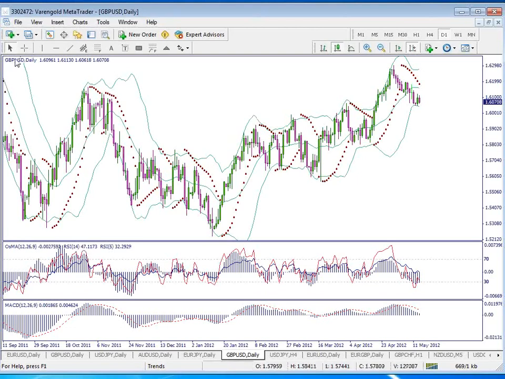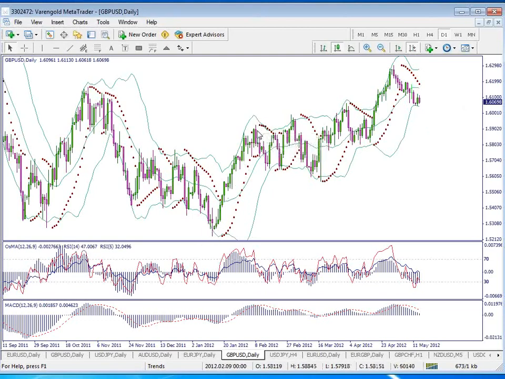So let's have this example on pound dollar on daily. I'm looking at daily and we can see very clearly that it was an uptrend.